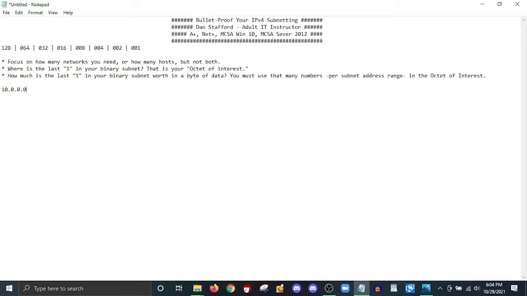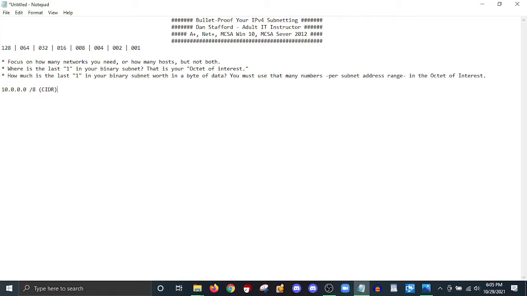The default subnet mask is /8 in CIDR notation. CIDR, CEDAR, whatever. /8 is the default.